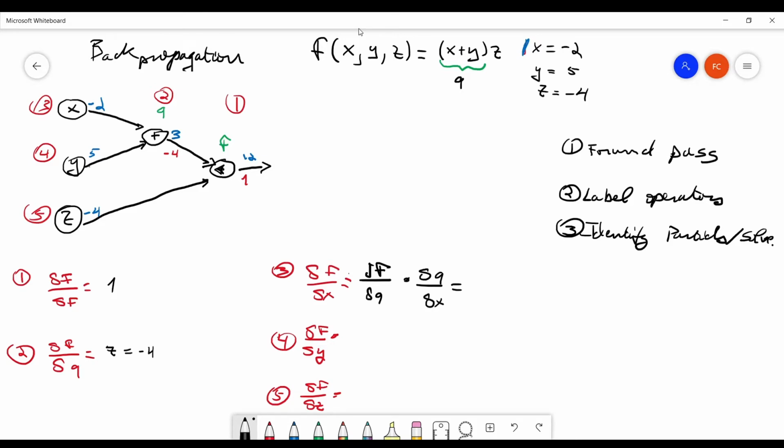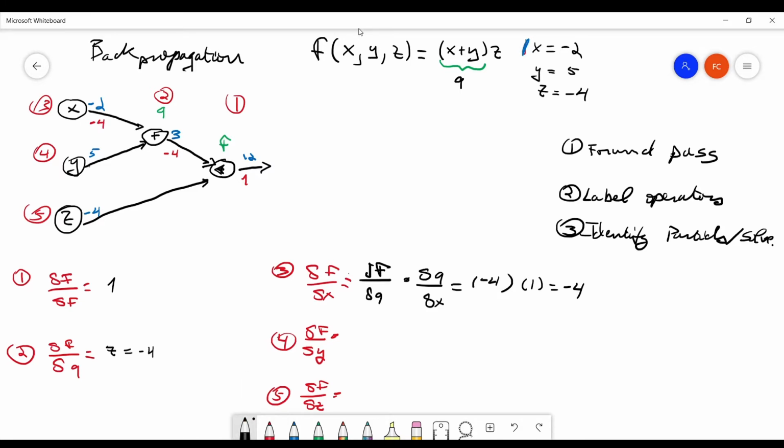We said it's -4. And if we look here, q is equal to x plus y. So if we're taking this derivative in terms of x, y goes to 0, so we just have 1. So this here is equal to -4. So here we've already figured out what the partial x for our function is.